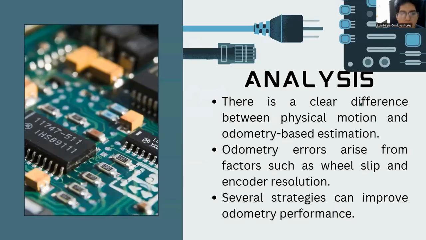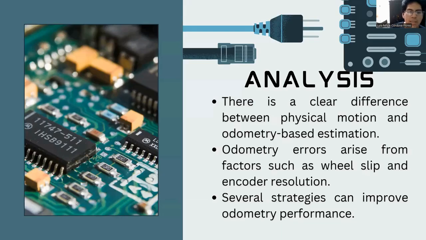Then we have the analysis. The first point is that there is a clear difference between physical motion and odometry-based estimation. The robot moved correctly, but the trajectory reconstructed from the encoder data shows distortions, demonstrating that odometry alone is not fully reliable.